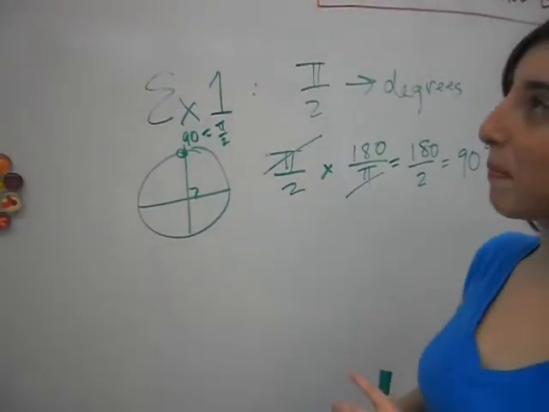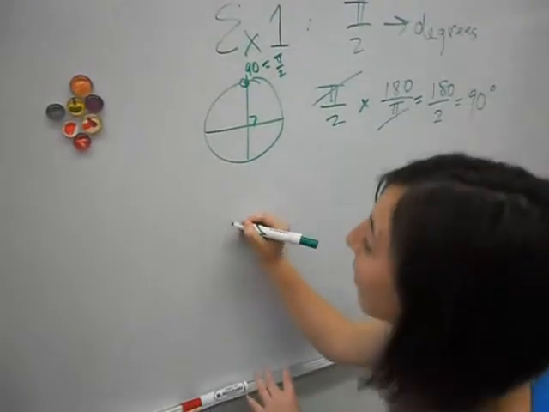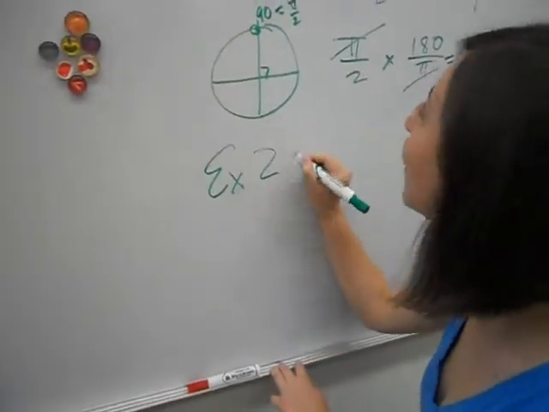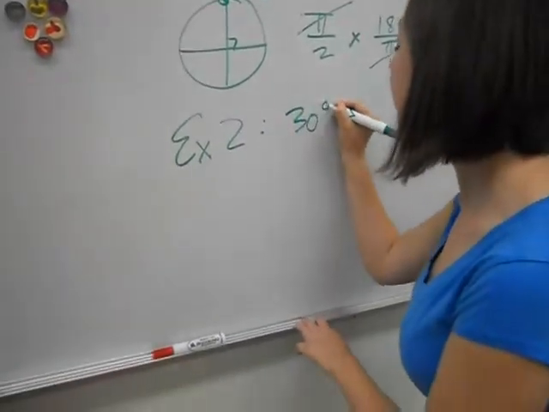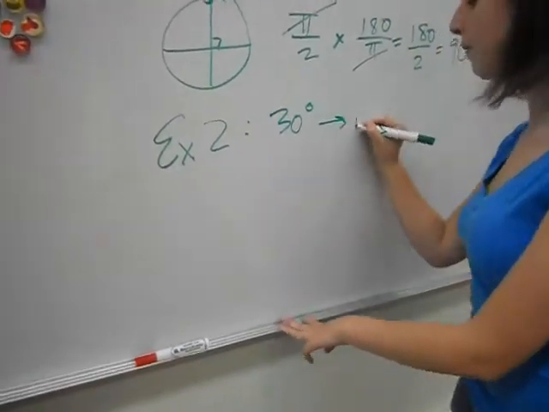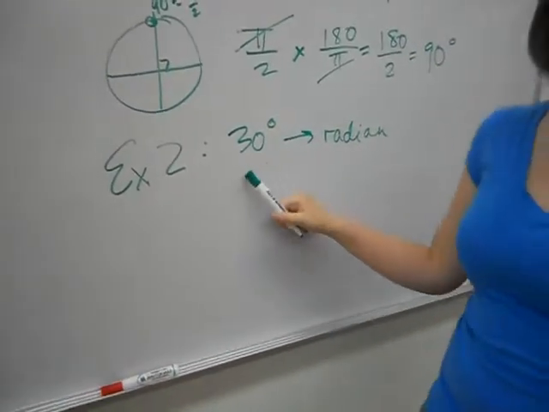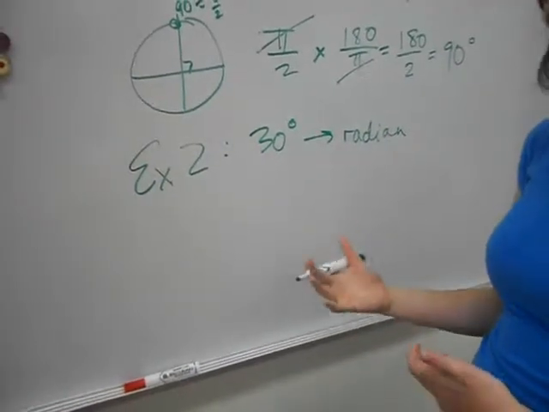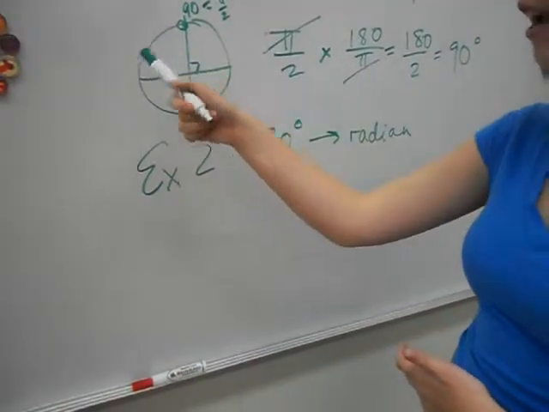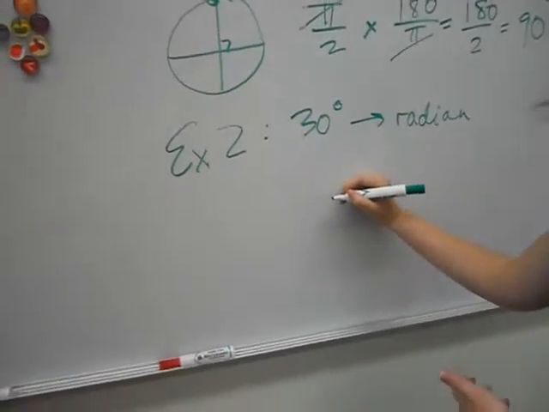Now, the next example we have. Example number 2 is going to be to turn 30 degrees into radians. Now, I know we haven't looked at this on the unit circle, but it's harder to conceptualize because it's not at one of the main points. So, this is when the formula is really handy.